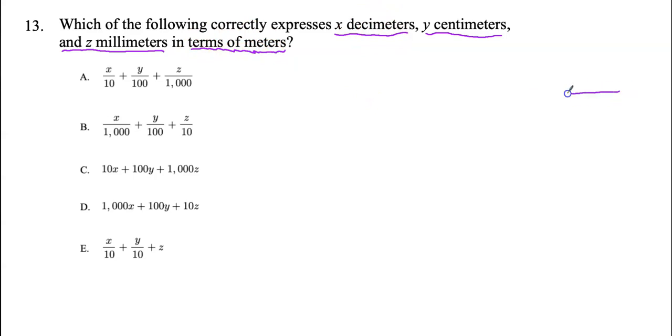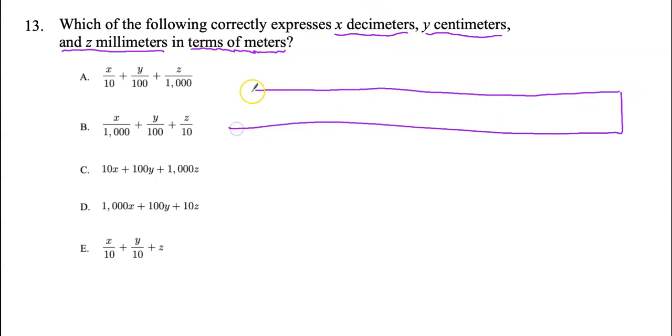So for example, if I had a meter stick and I broke it up into 10 pieces, like so, 10 evenly spaced pieces, and let's say this is 1 meter. A decimeter is 1/10 of that. It's 1/10 of this whole thing.